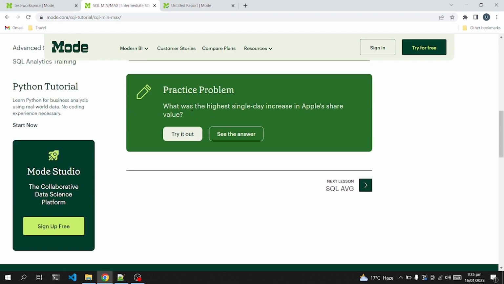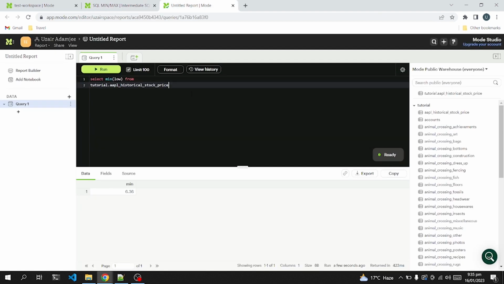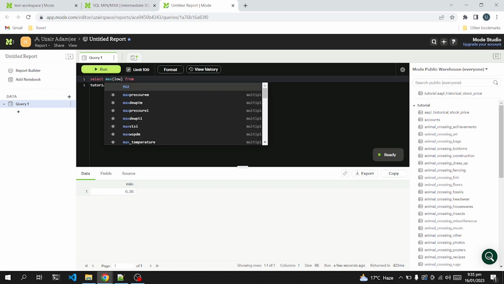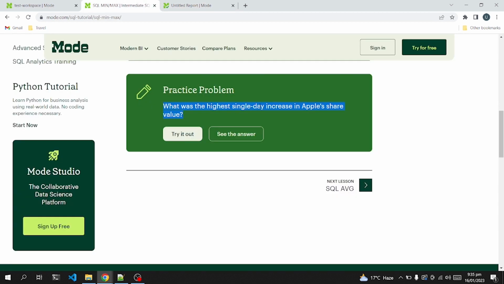Now let's find out what was the highest single day increase in Apple's share value. In this problem, we have to find the maximum, but we first have to take the difference between the close value on that specific day and the open value. Think about the day on which the Apple price opened at some value, and then we subtract the open value from the close value at the end of the day.